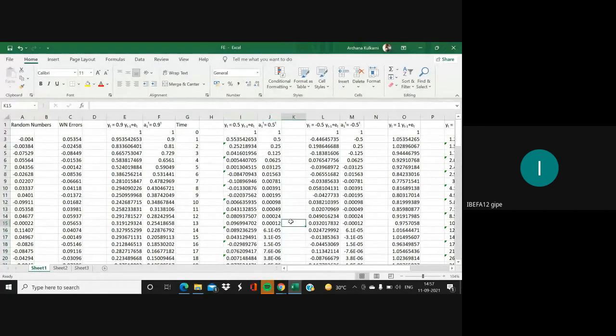In any time series, if you remember our discussion when we were discussing the Wold decomposition, the psi j's are the weights associated with the error terms, and errors in the distant past have a lesser weight compared to the errors in the more recent past. The same thing happens here.